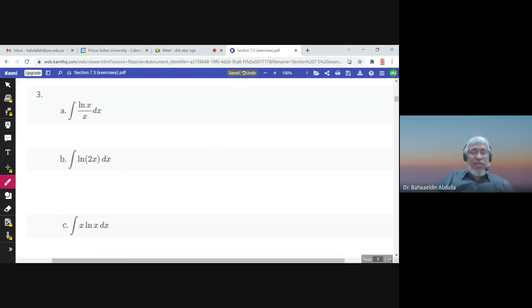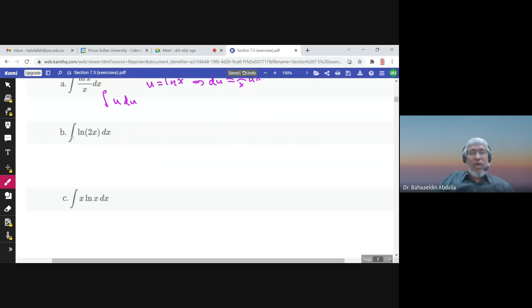In the first integral here, if you take u as ln x, a usual substitution, then du would be 1 over x dx. And this integral would be the integral of u du, and you continue. Here, the integral of ln, so we use integration by parts. You take u as ln 2x and dv as dx.